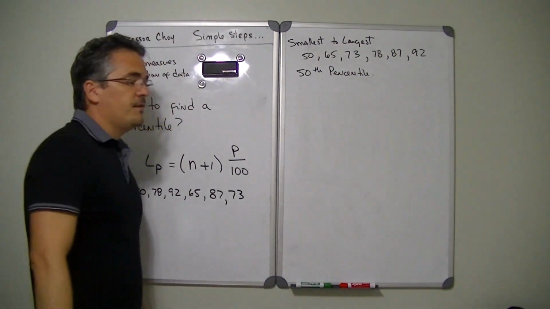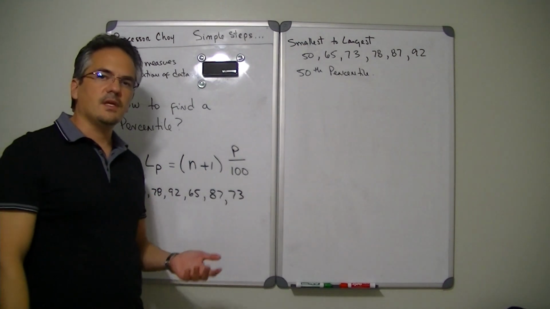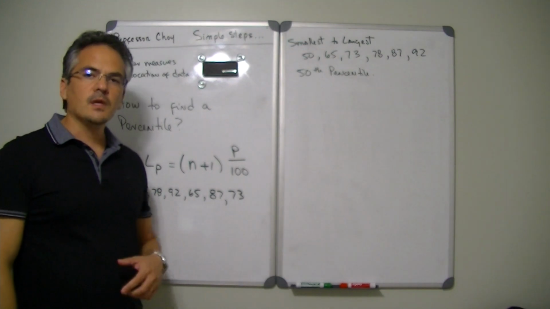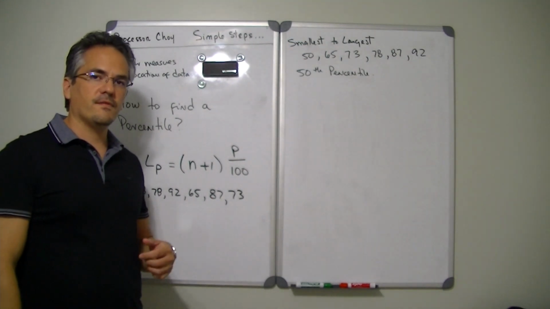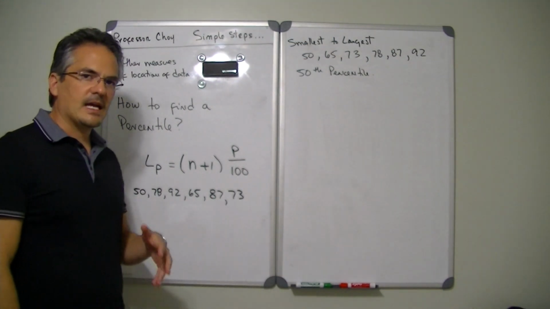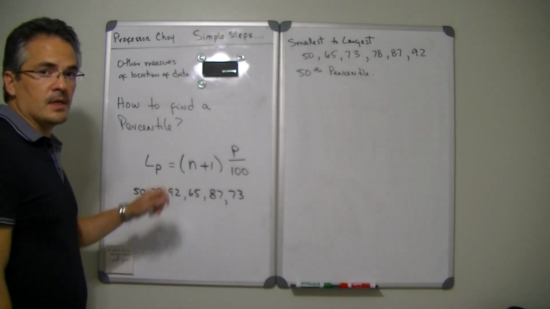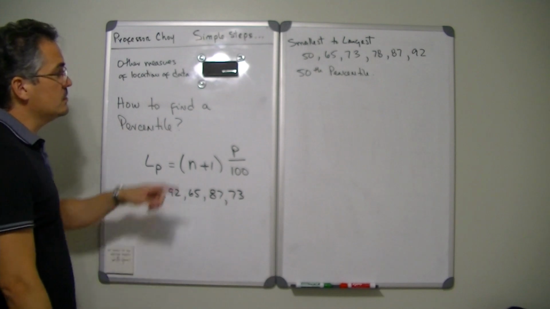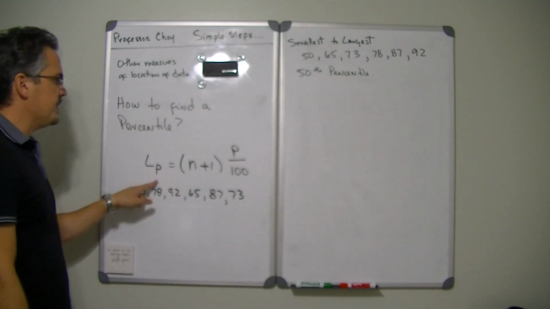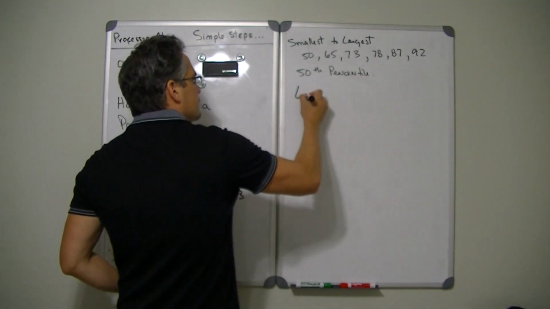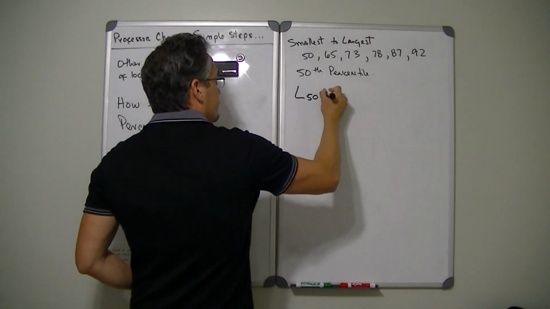Alright, now the 50th percentile is the same thing as calculating the median, which I have shown in a different video. But in any case, let's calculate the 50th percentile using the formula that we have right here. Okay? So what we're going to do is substitute the 50 here for that P, which is the percentile. So we're going to do L 50th percentile.